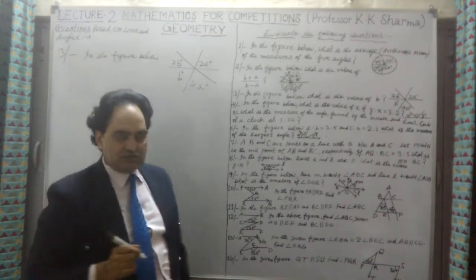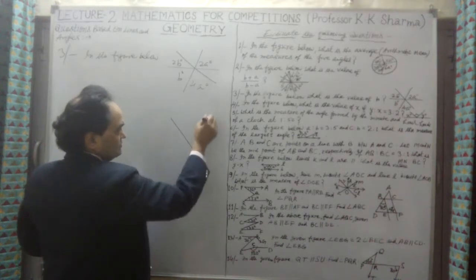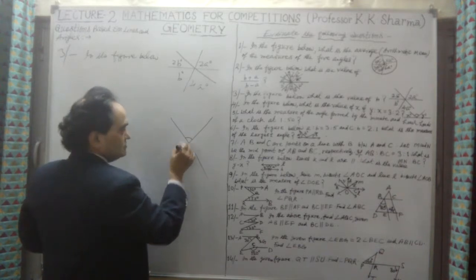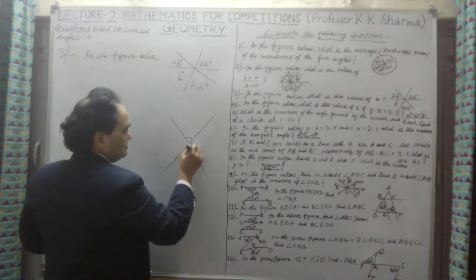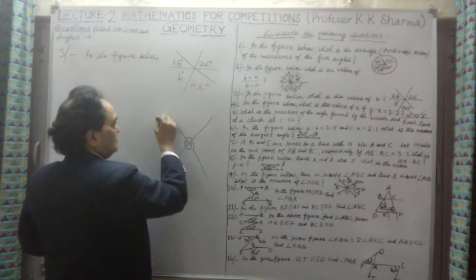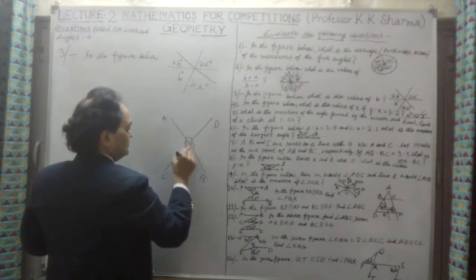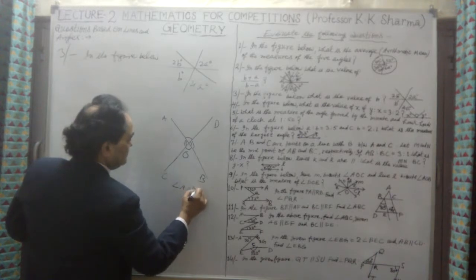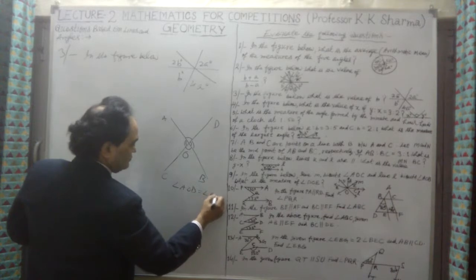Now one thing which I just forgot in the beginning of the study: if there are two intersecting lines, then the angles made opposite to each other are known as vertically opposite angles. Two straight lines are making some angles. Vertically opposite angles are equal. Say this is line AB, this is CD, and this is point O. So angle AOD is equal to angle BOC.